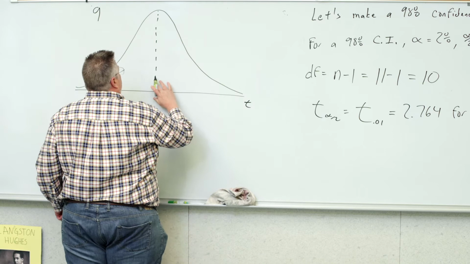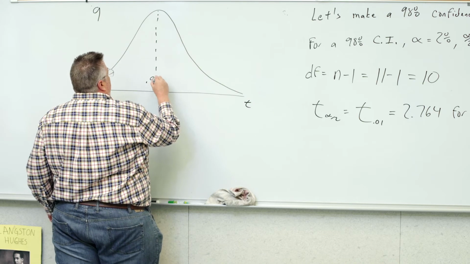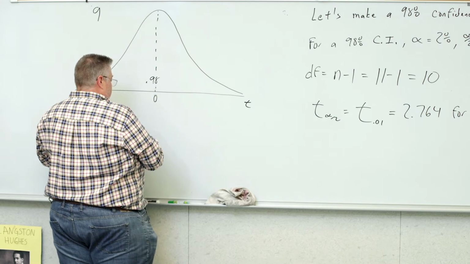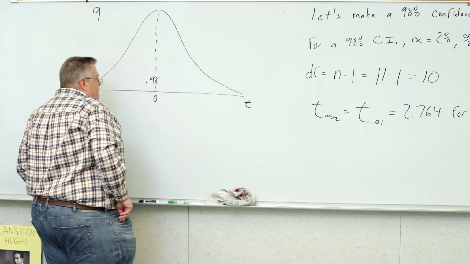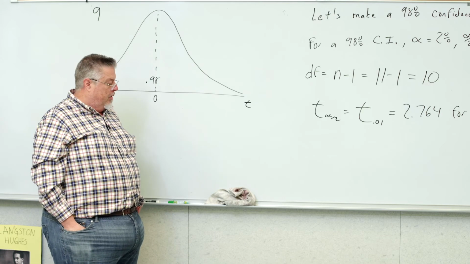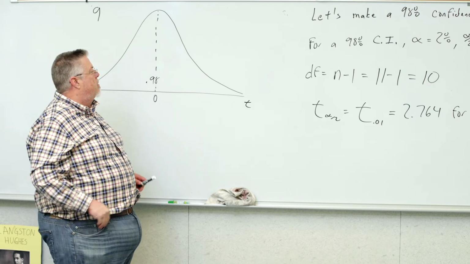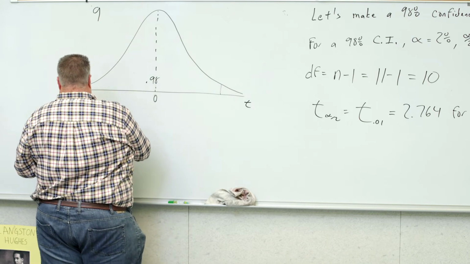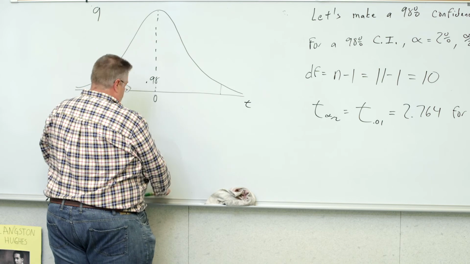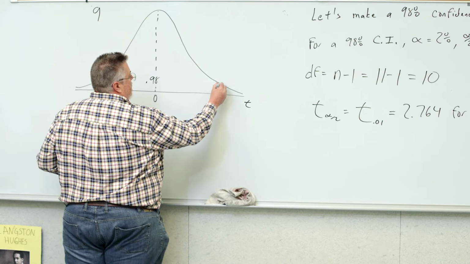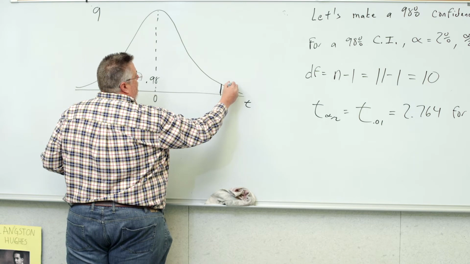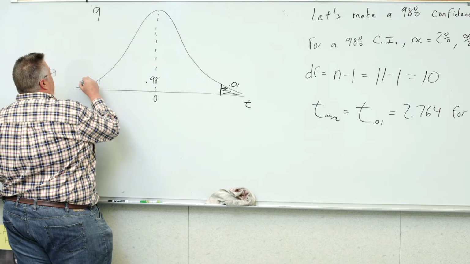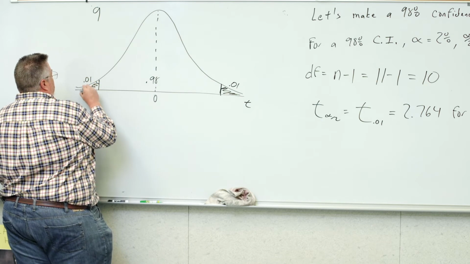And I want a t-score that makes this area 98%. Of course, a t-score of 0 is right in the middle. Now, here's the part that messes some people up. The column that we're going to use, if I've got 98% in the middle, I've got 2% total for the tails. I've got an area of 1% in this tail and an area of 1% in this tail.